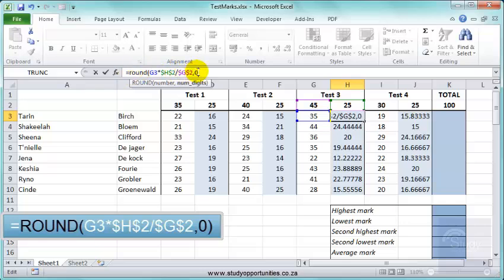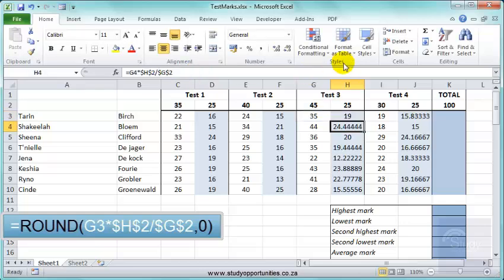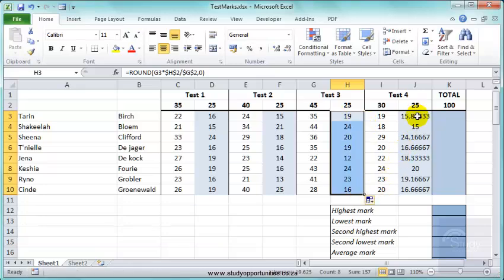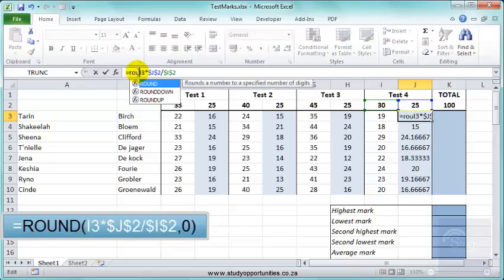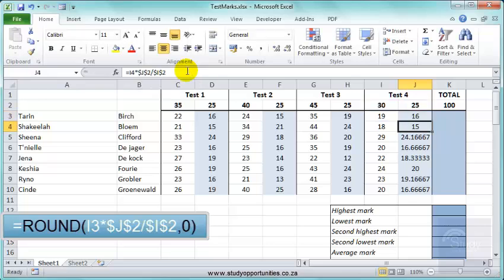Nothing after the decimal, a whole number, so it's comma, naught, press down. And because I've used absolute referencing, I can pull it down with no problem. Round, open bracket, comma, naught, close bracket.